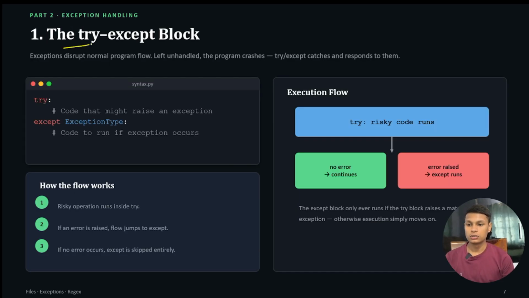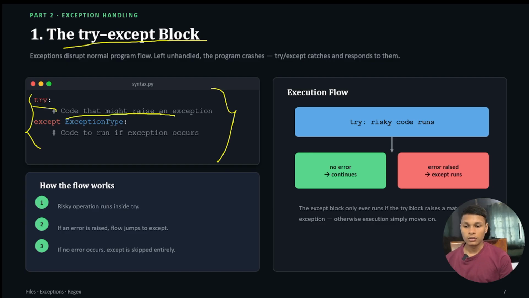Now let's look at the try except block. What is a try except block? You can understand it using this example. This is just the syntax, so don't worry about what is written. First there is try, then the code that might raise an exception.